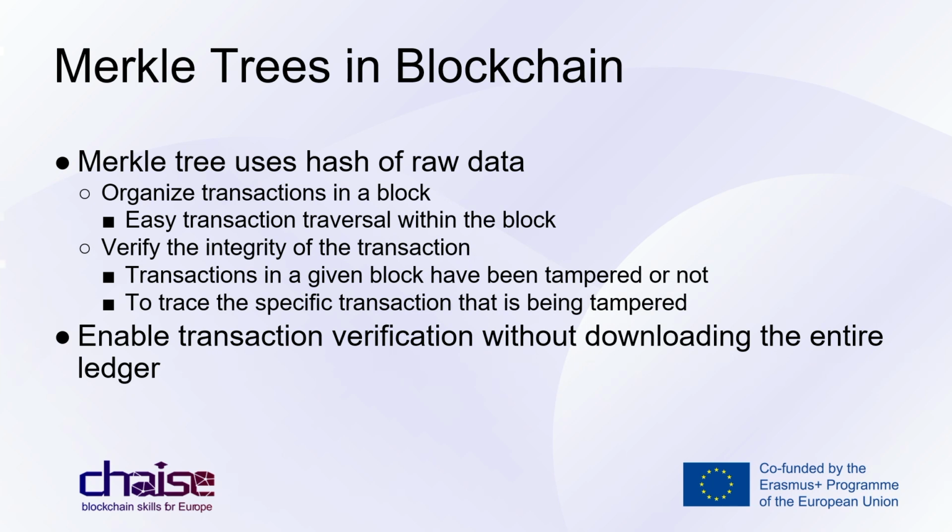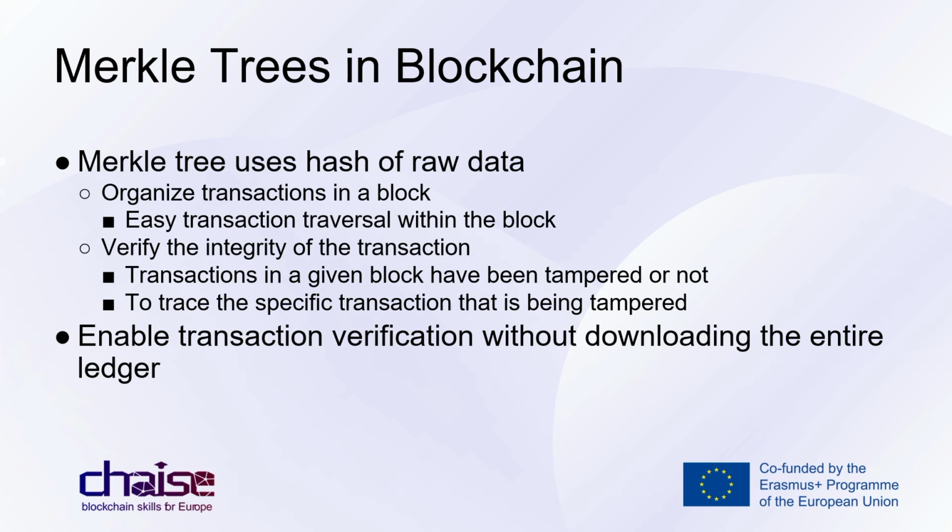Once we were speaking in the previous lecture about the block header and the block body, we discussed that the block body contains the Merkle tree, where the transactions are stored in the form of a Merkle tree.